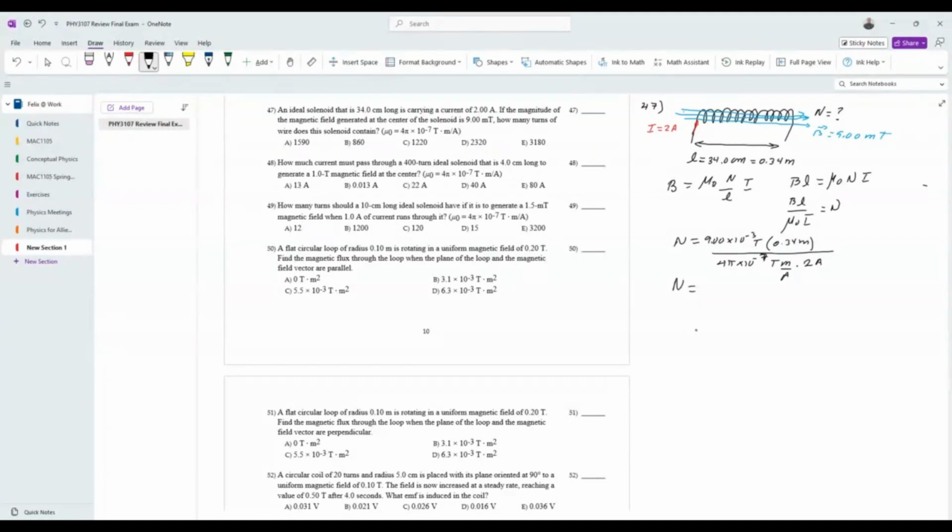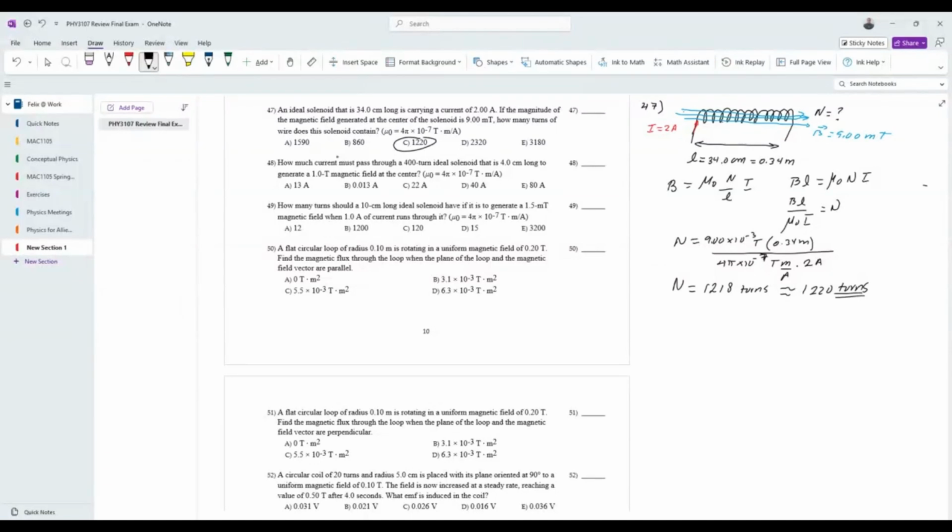So n, when you calculate that number of turns using this equation, would be 1,218 turns approximately, which is approximately 1,220 turns. So how many turns does the solenoid have? You have 1,220 turns.